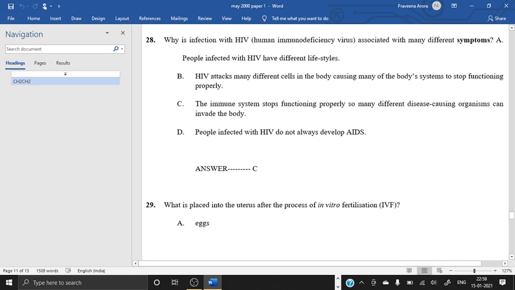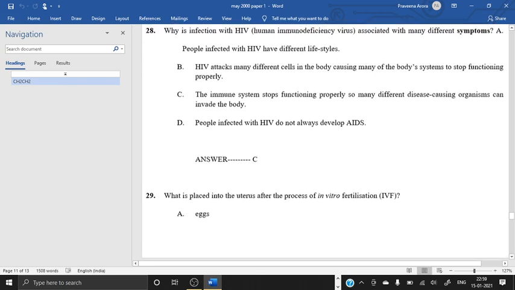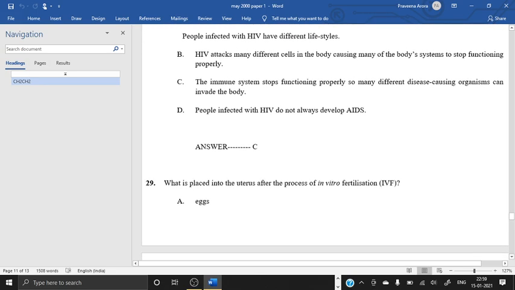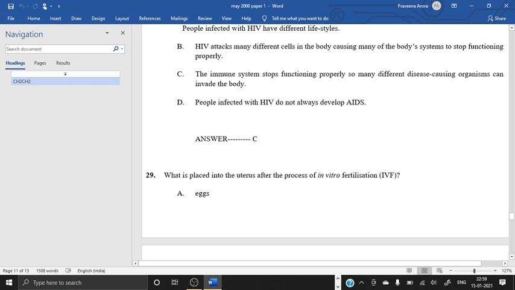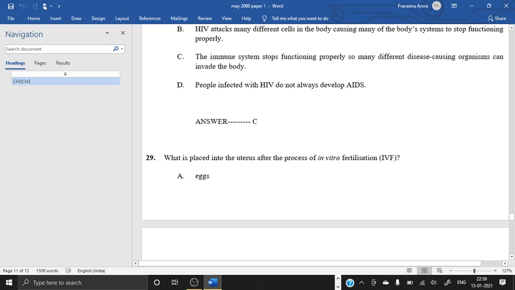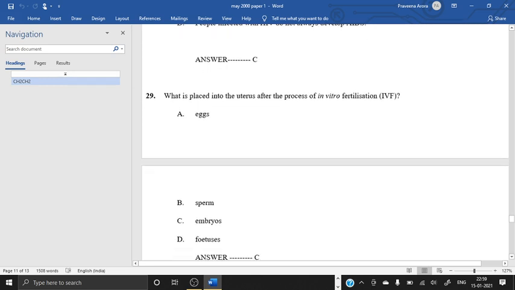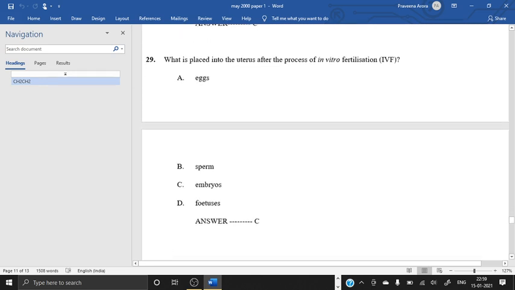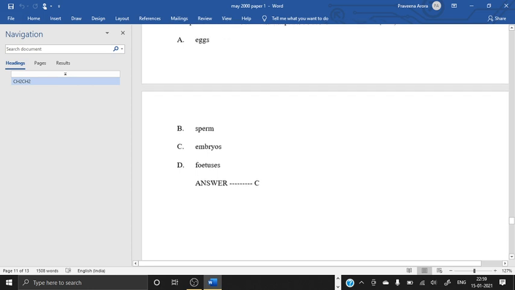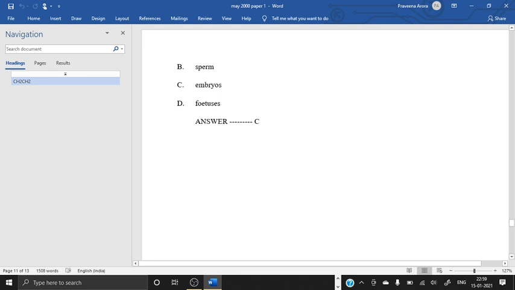The answer is C. The immune system stops functioning properly, so many different disease-causing organisms can invade the body.